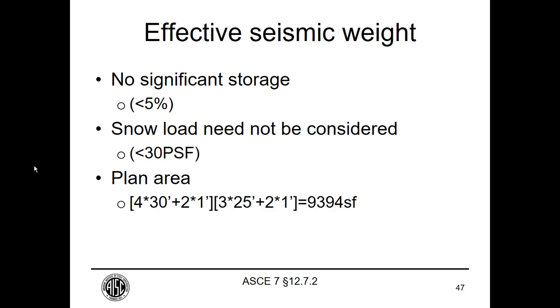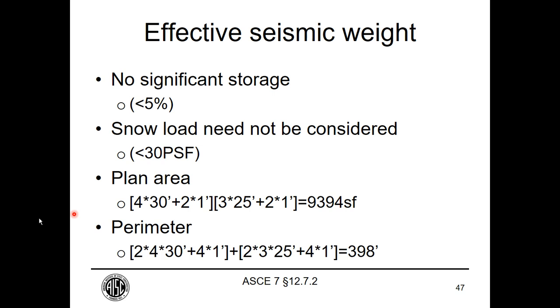So here's the plan area that we have, the 4 bays of 30 feet plus a foot on each side, 3 bays of 25 feet, a foot on each side, and the product of that is about 9,400 square feet. And the perimeter is about 400 feet.